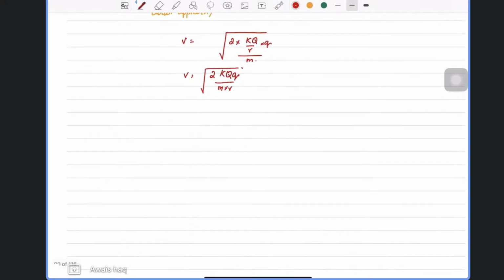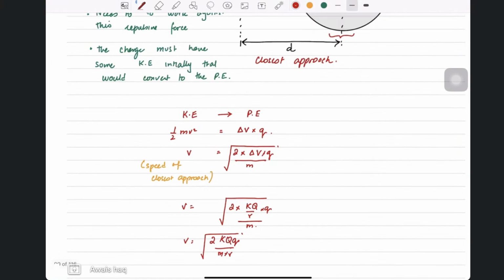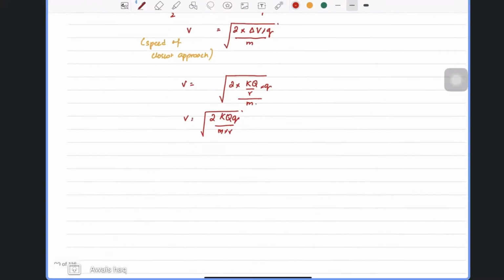Now it can't go beyond this distance r. Sorry? It can't go beyond the distance r. No, that's what I was about to tell you. You can add a note that basically when two positive charges touch each other, that's when fusion occurs.